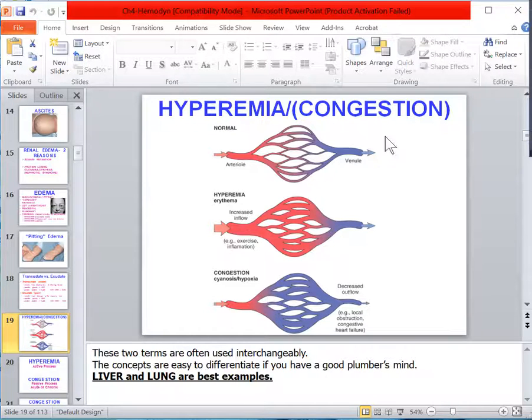Now, congestion might give a similar appearance of dilated capillaries, let's say, not because of increased flow, but of decreased emptying on the venous side. So those are two important concepts to remember.